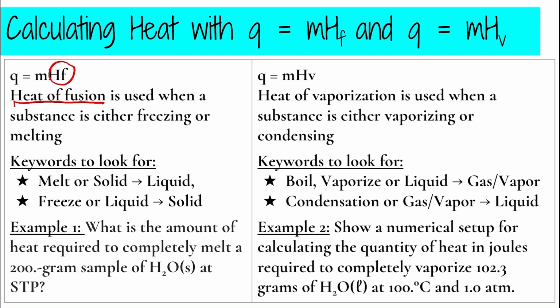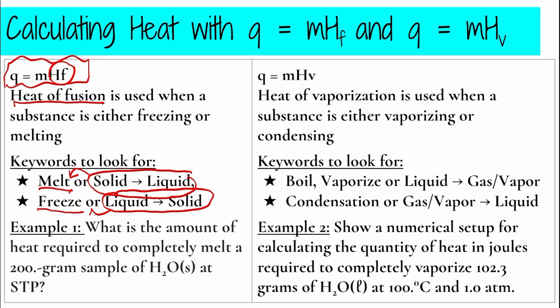So in a problem, how are we going to know when to use this formula? Keywords here are if they say something is melting or something is freezing, or they can say something is changing from a solid to a liquid, which is the same as melt, or something is changing from a liquid to a solid, which is the same as freeze.